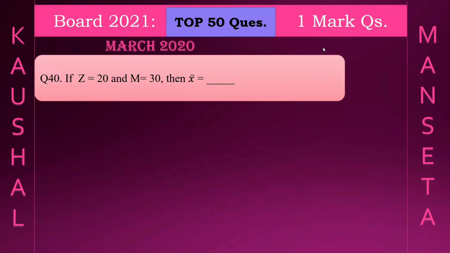Next, question number 40. If z equals 20 and m equals 30, what is the value of x bar? Here given that z means mode.